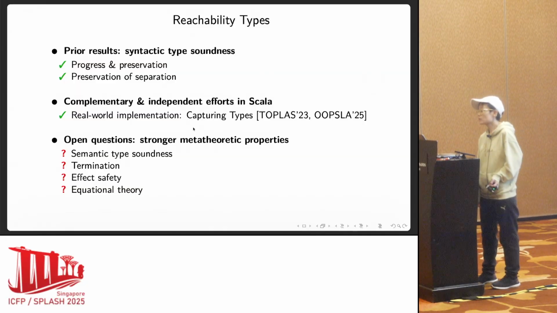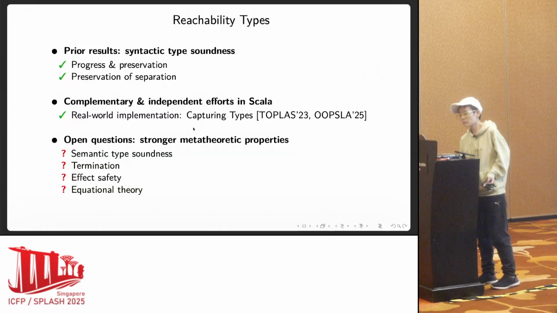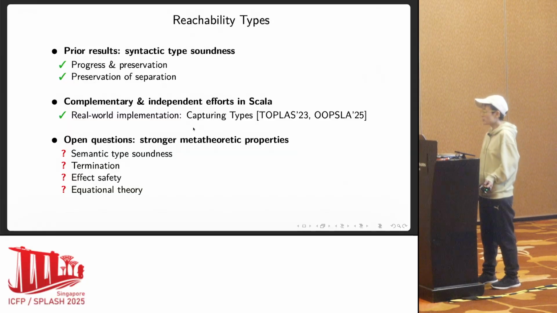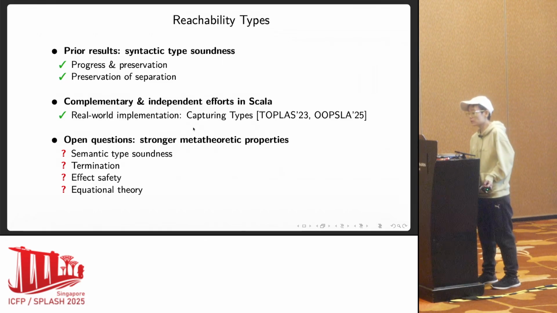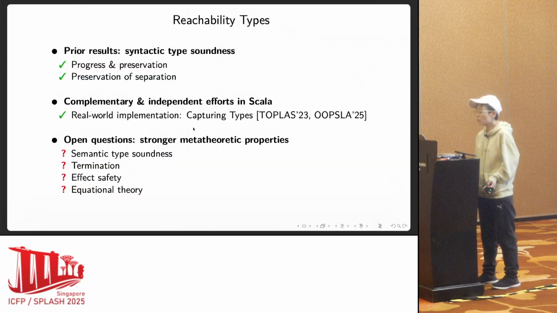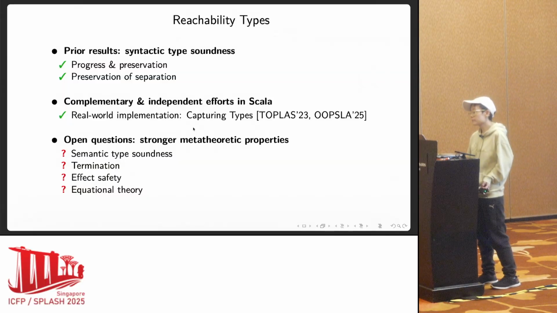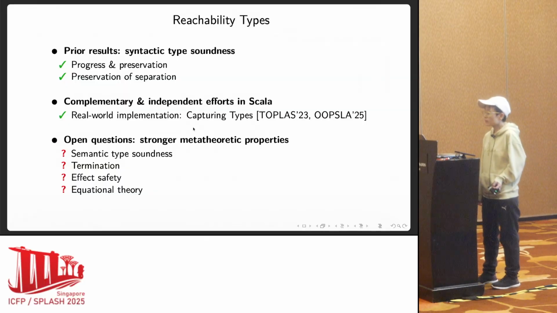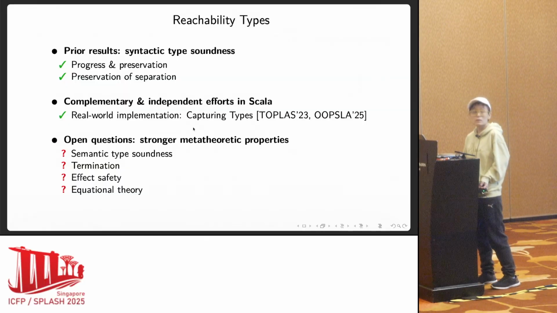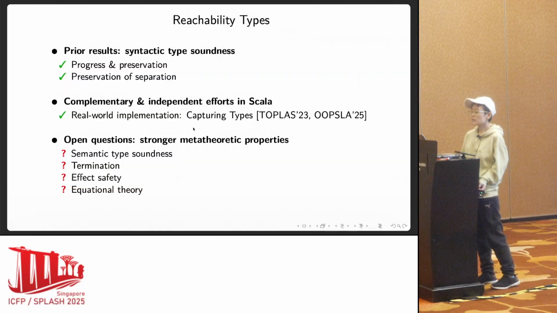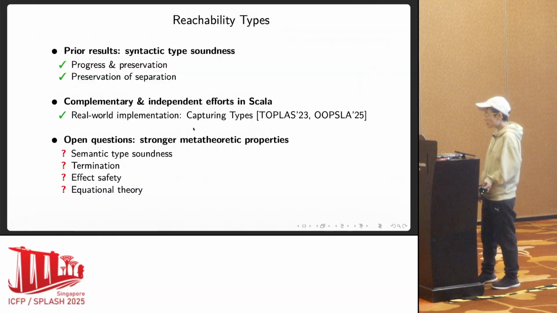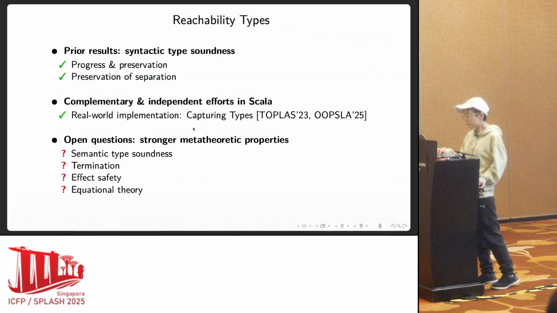Of course, we are not the only ones who pursue these directions. The Scala team designed capturing types, and they have a real-world implementation. Now, although we have some good results, the open question is: what are the stronger metatheoretic properties such as semantic soundness, termination, effect safety, and equational theory?